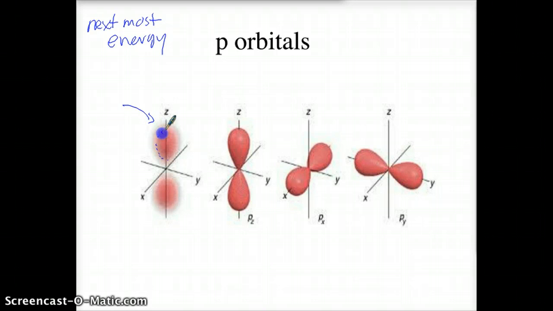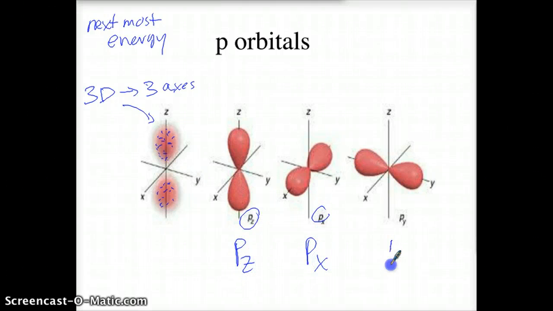There's a probability of finding them up here, but also down here. And since atoms are three-dimensional, there's three axes where these shapes could be. So those orbitals are named based on their axis. Here we can have the pz orbital, here's the px orbital, and here's the py orbital.